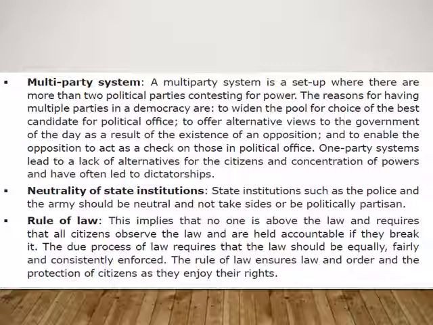The rule of law ensures law and order and the protection of citizens as they fully enjoy their rights. So it is not only to put a law in place, it is also to create a tool to protect it and make sure that it is implemented and executed in the right way.